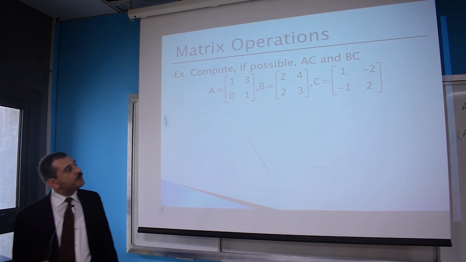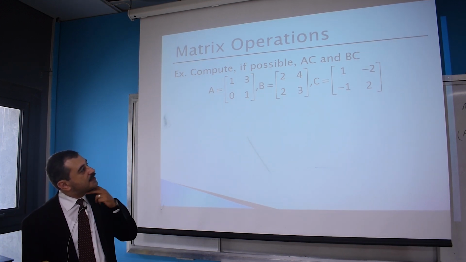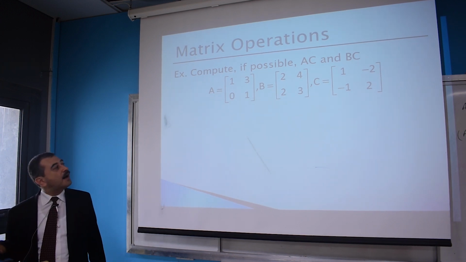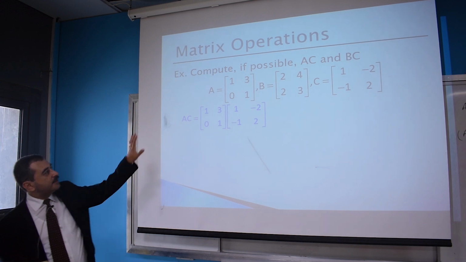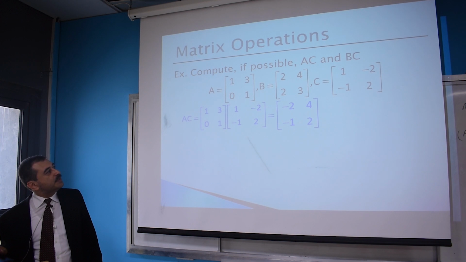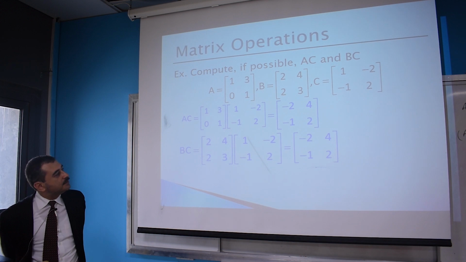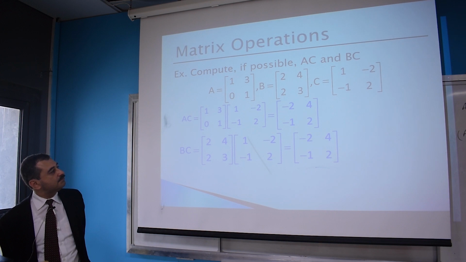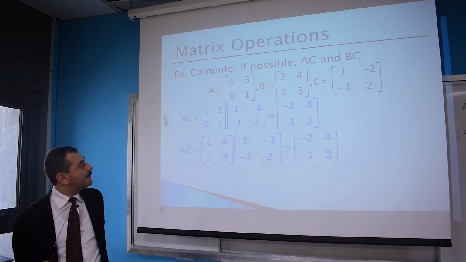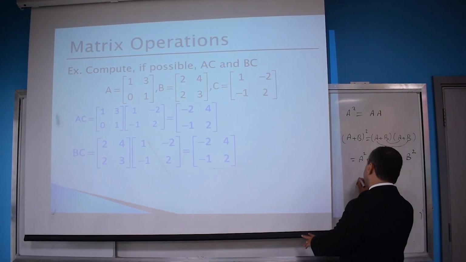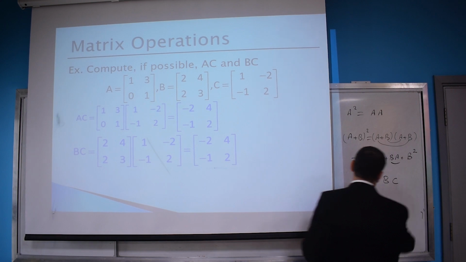Suppose that I have three 2 by 2 square matrices, A, B, C, and let's find AC and BC. So AC, A to the left, C to the right, and do the multiplication. BC, B to the left, C to the right, and do the multiplication. Do you have any comment about the result? They are the same. So in this example we have AC equal BC.